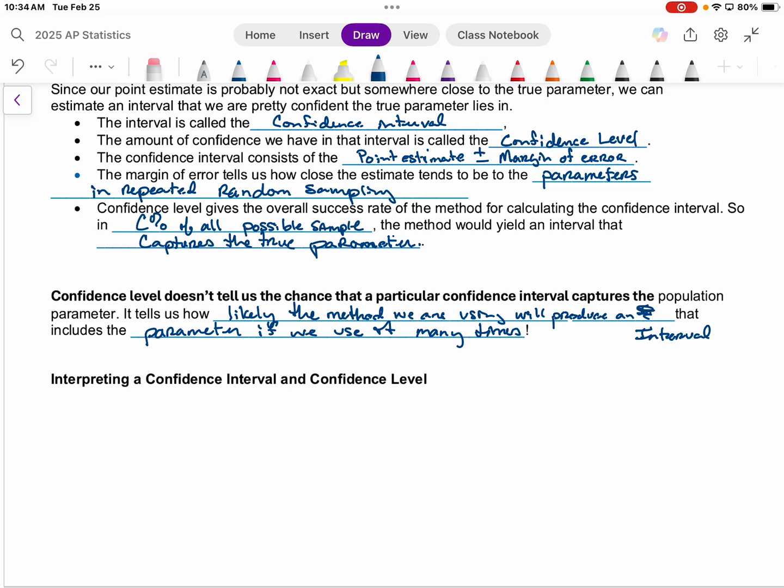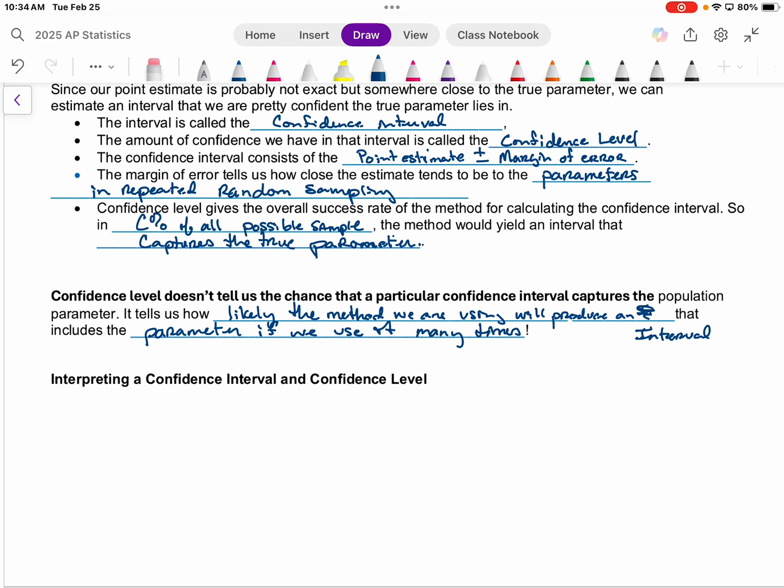It tells us that if we repeat this process over and over again, 98% of the time those intervals are going to capture the true parameter. It's not the chance of it happening.